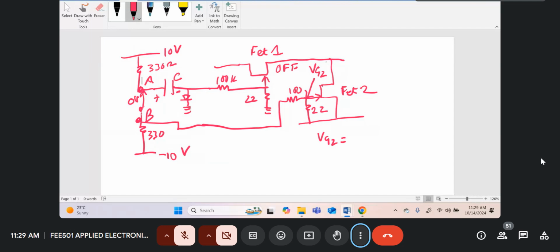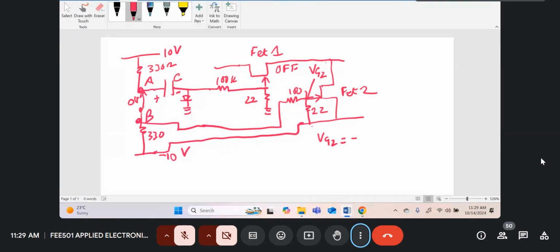To be equal to minus 10. Actually, the potential, this negative is connected to this at this point over here. So the potential from here to here is actually 10 volts with this side positive, this side negative.